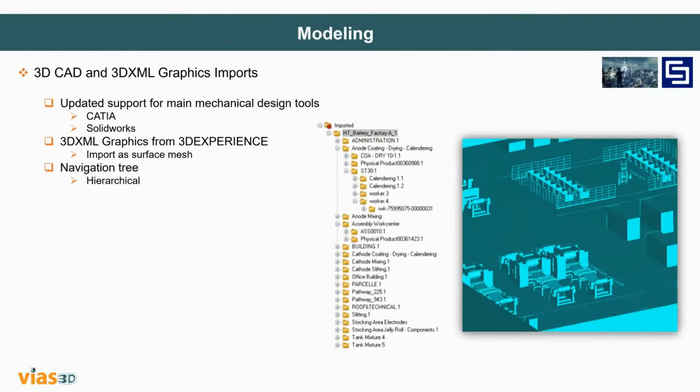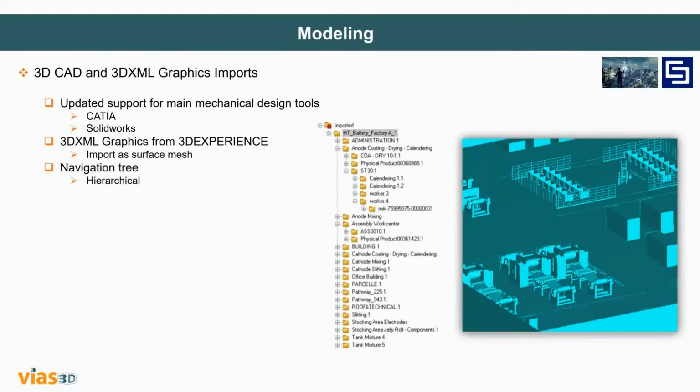Now on to the modeling side. Since the 5G network environment may be large, like when we have to analyze a 5G scenario at an airport, city ports, or a factory, we introduce the possibility to import 3D XML graphics from 3D Experience as surface mesh into CST Studio Suite with great improvement in performance.